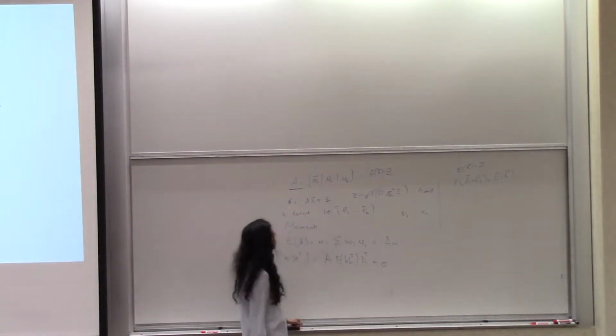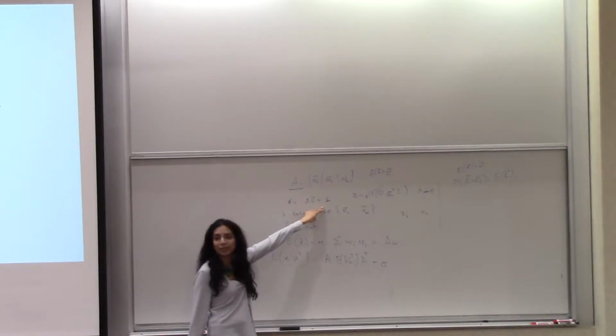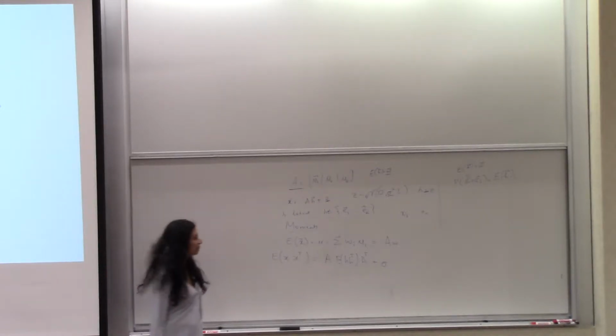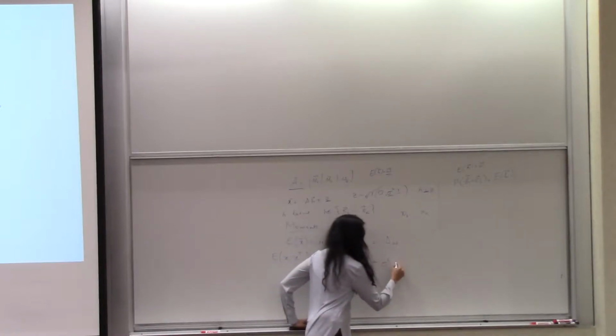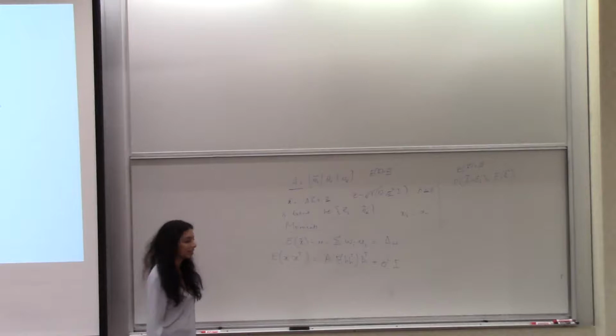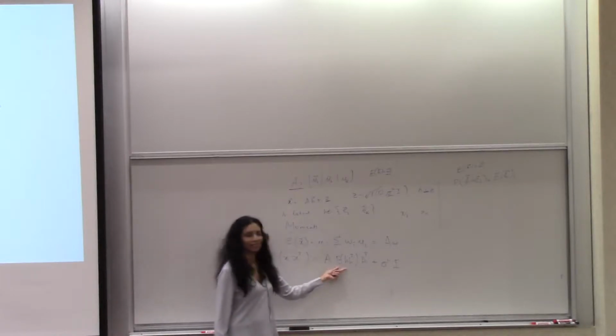So what would this term be? What is expectation of Z Z transpose? Sigma square I, right? It has 0 mean, so the correlation is the same as covariance. So what is this quantity?